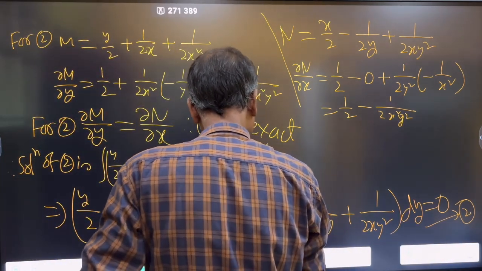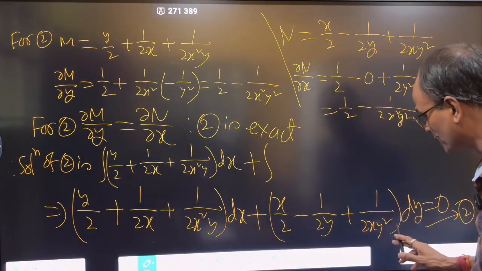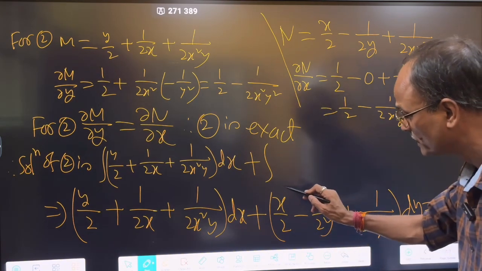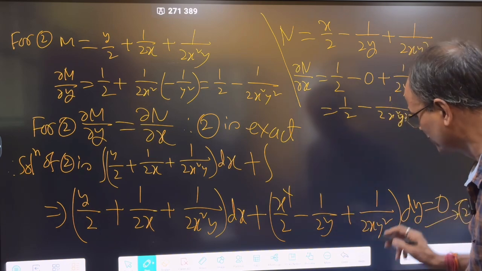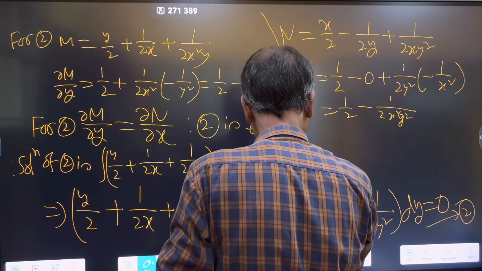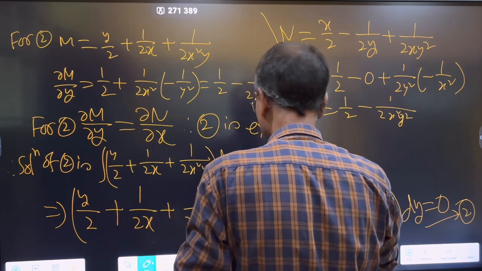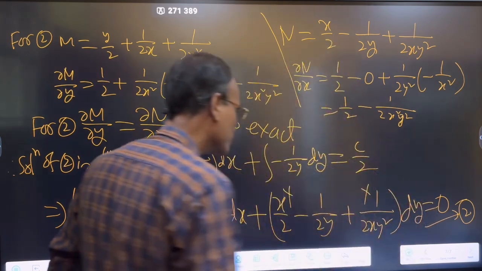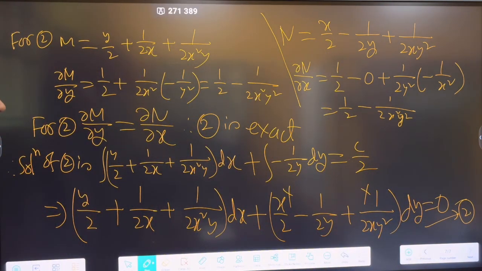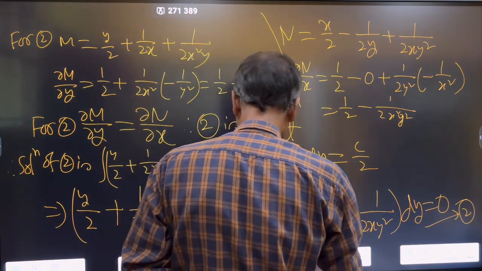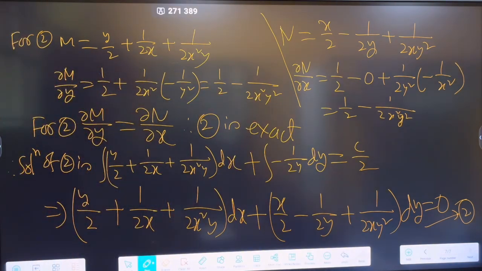plus integral of only those terms in N which do not contain x. This term has x, we do not take it; this one also has x. So take only minus 1 by twice y, dy. This is equal to a constant, suppose c by 2.